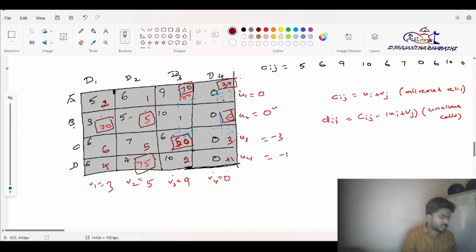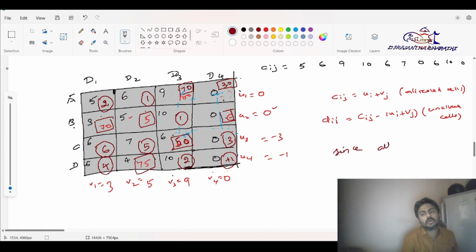What are the Dij values? The Dij values are 2, 1, then this one, then 3, then 6, then 5, then 4 and 2 and plus 1.